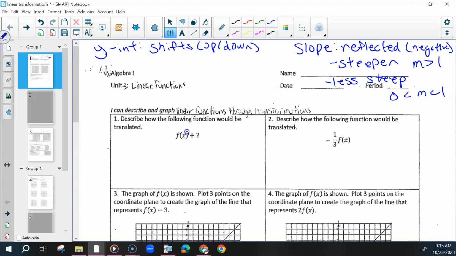So if I have some f of x plus 2, remember that your original, I'm going to write this somewhere up here, the one that we're always comparing it to is either f of x or y equals x. That would be slope of 1, y-intercept of 0.